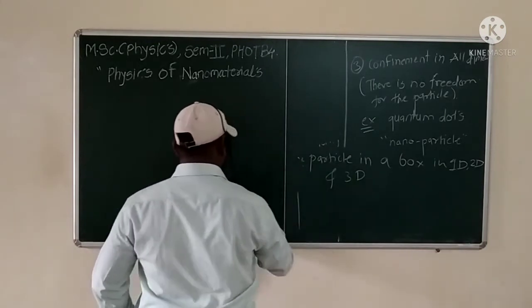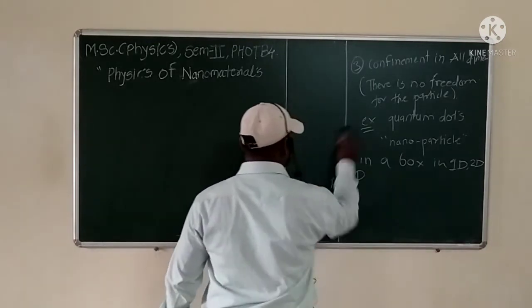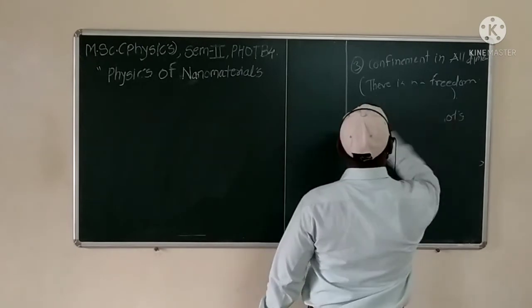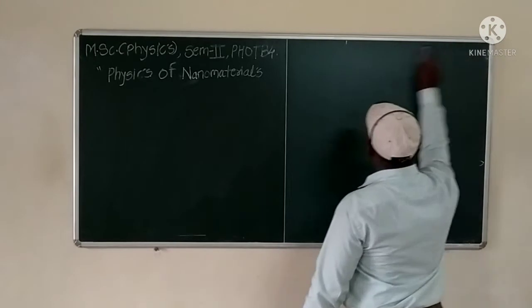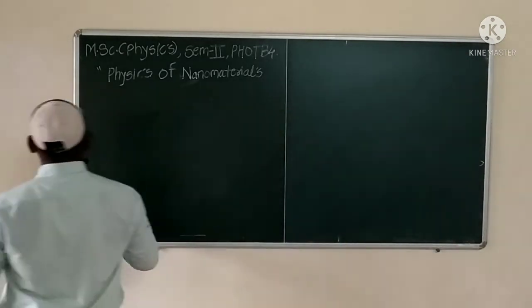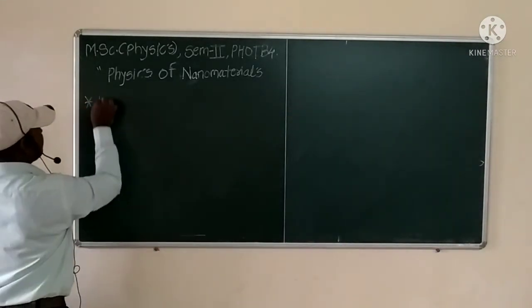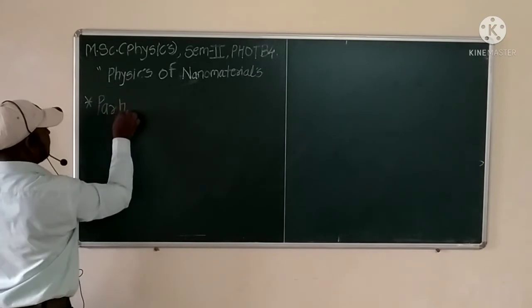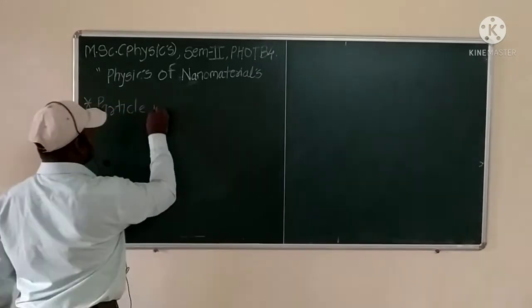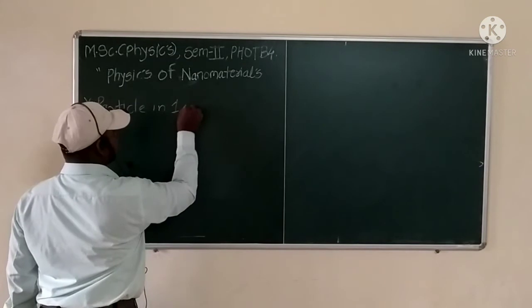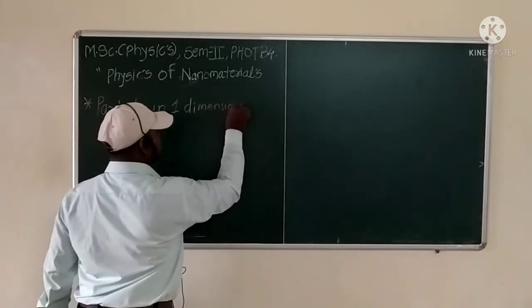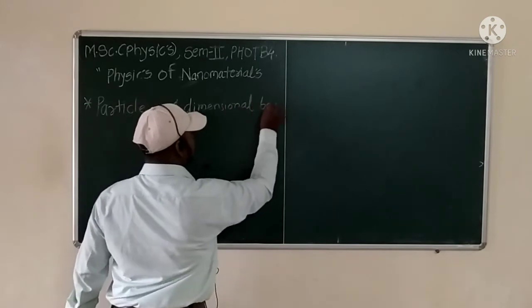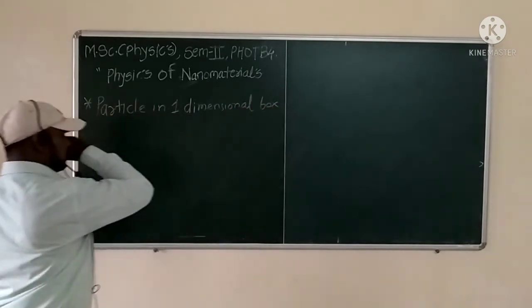Electron confinement in one dimension explains the quantum concept of a particle in a box for one dimension. So let's consider a particle in a one dimensional box, right?